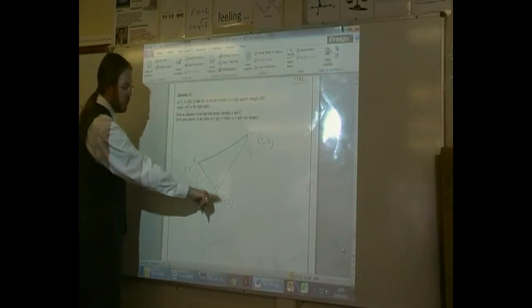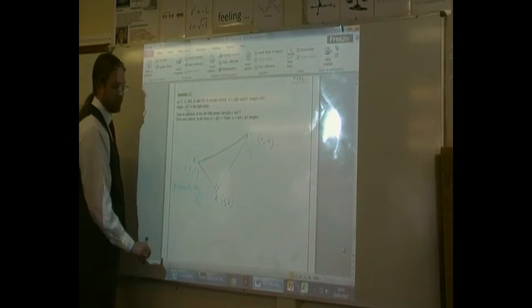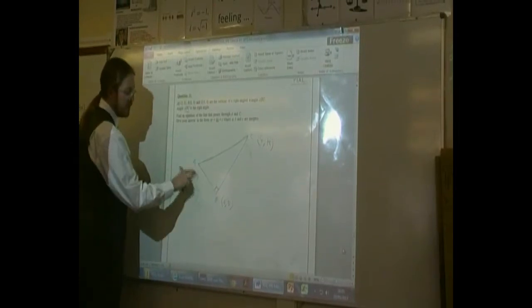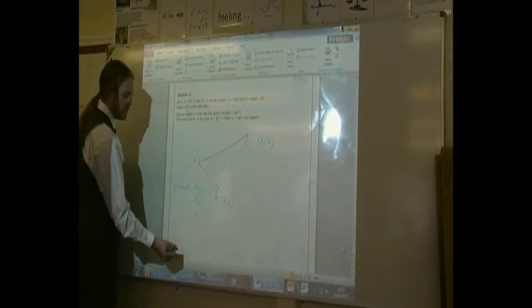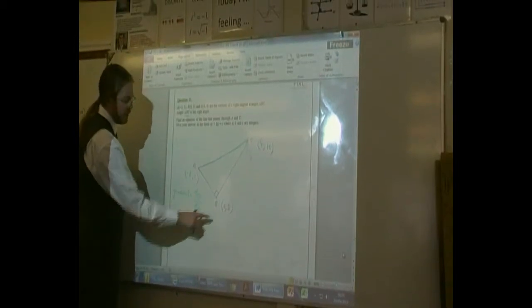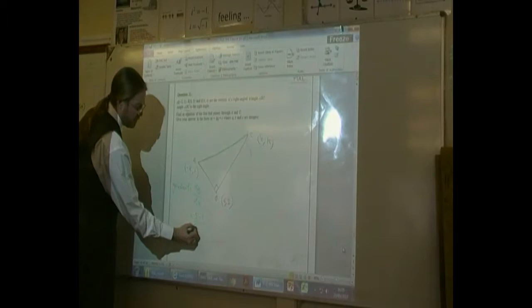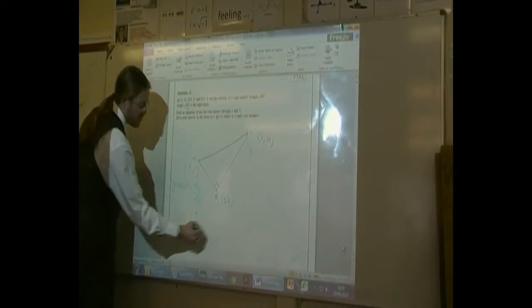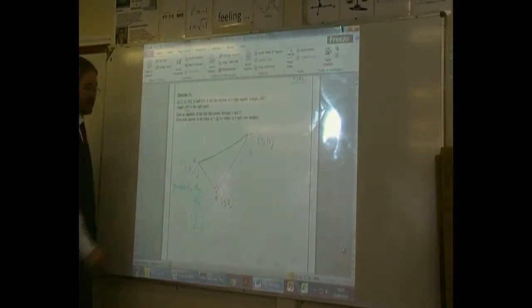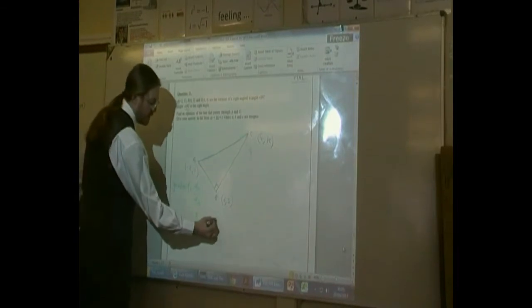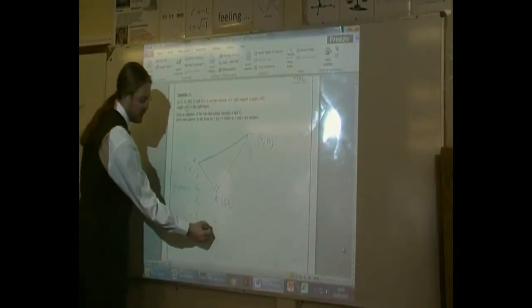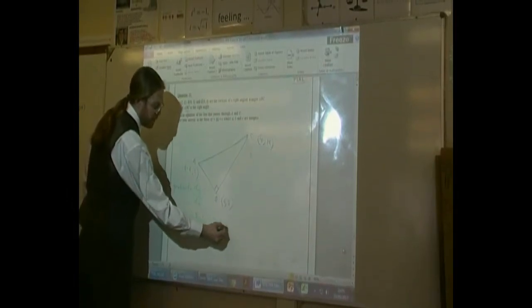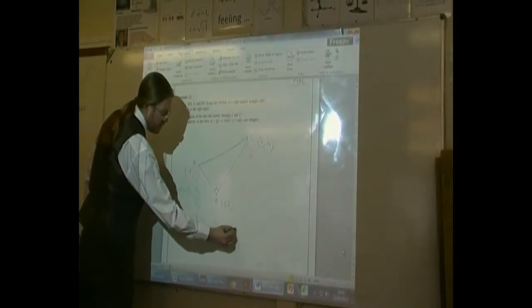If we look at our two coordinates, remember y is the second coordinate, it's going to be easier for me to take this one away from that one. So I'm going to do 5 take away 1, change in y, over 6 take away minus 2, which is my change in x. If I work that out, 5 take away 1 is 4, and 6 take away minus 2, remember that's going to be a plus, is 8, and 4 over 8 is a half.